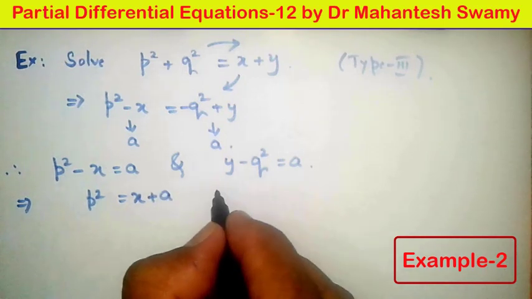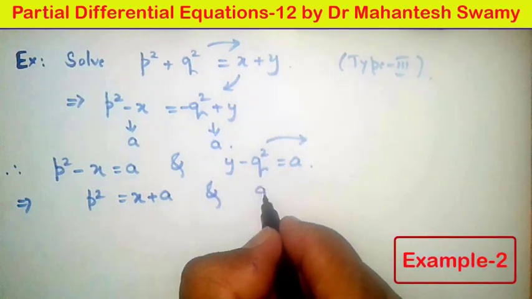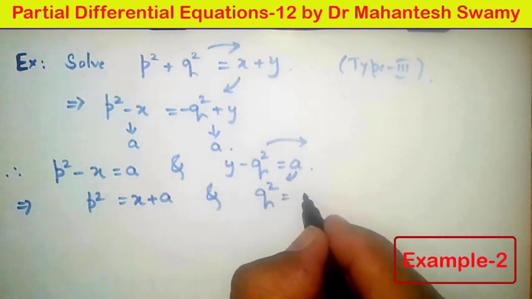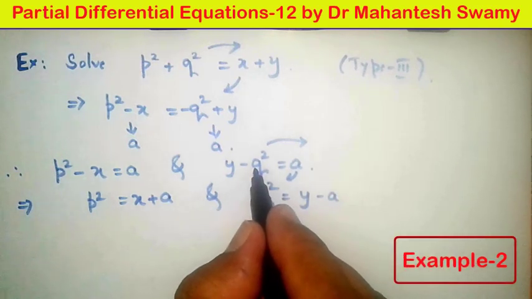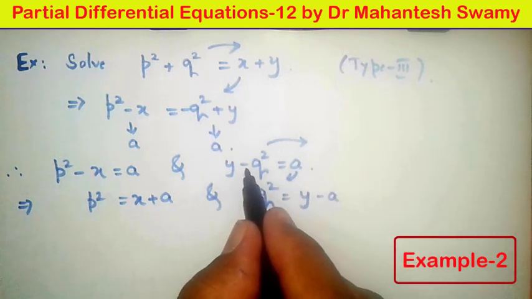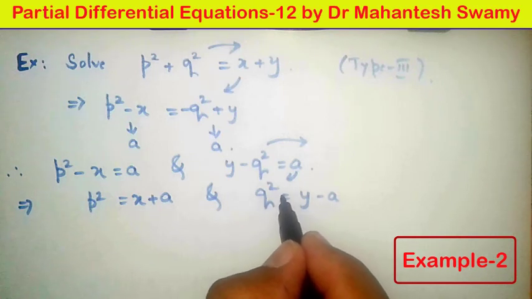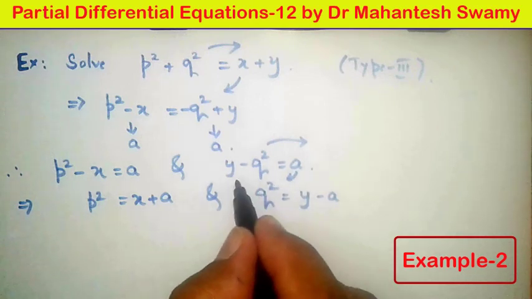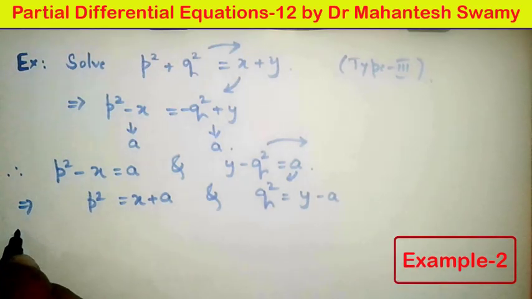And the minus q square, let us take it to that side, it becomes plus q square, and a we take to this side, it becomes minus a, therefore y minus a on the right hand side.